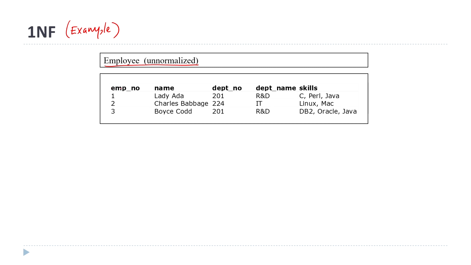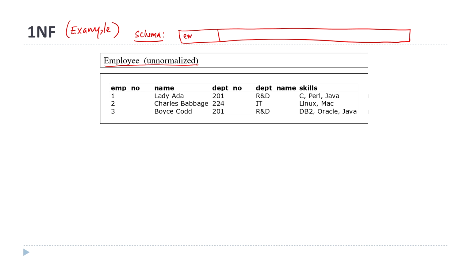If I write the schema of this, it will be something like this: employee number, then name, then department number, then department name and skills. The employee number is underlined, which means this is the primary key, PK.